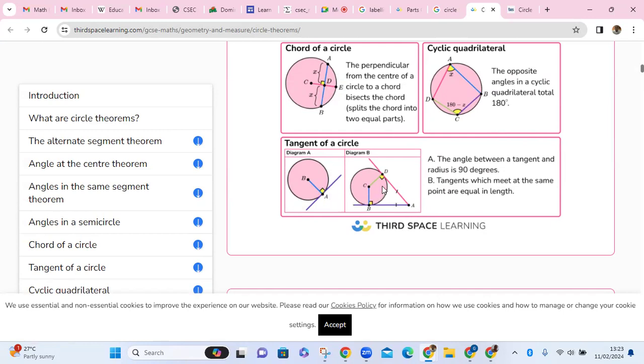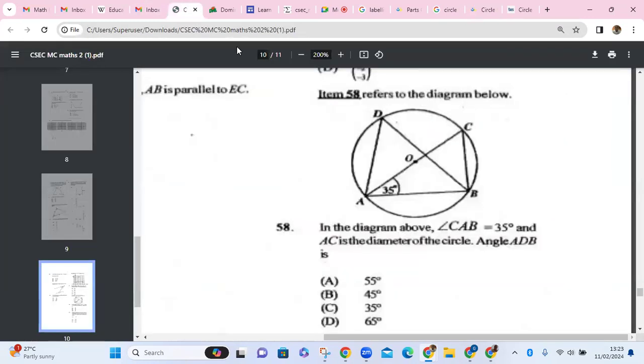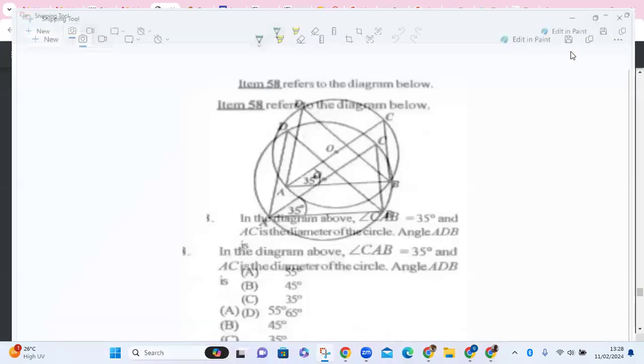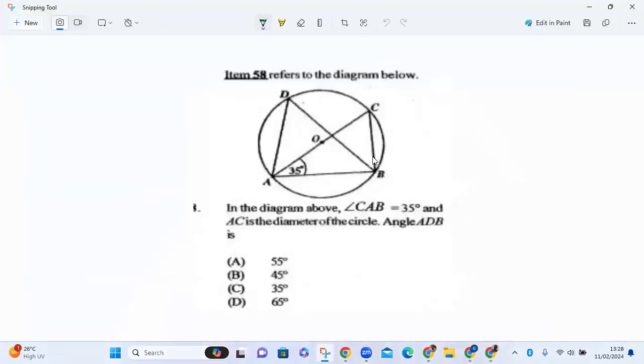Okay, so applying this now to our diagram, we can clearly see the butterfly. So ADB and BCA are equal in size, because we're talking about angles. Therefore, we can clearly see ABC is 90 degrees, because AC is a diameter.